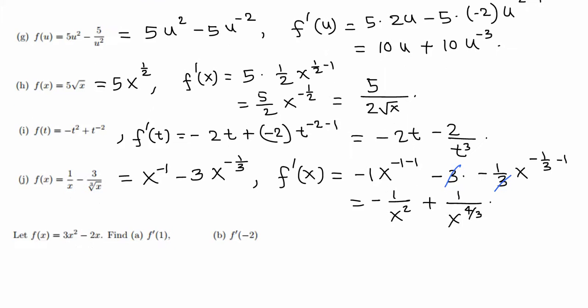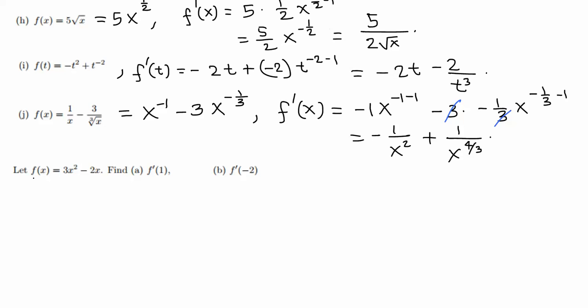And finally, we have a function f(x). We need to find f prime of 1. That means find the derivative first, then evaluate this derivative at x equals 1. Same thing here: find the derivative first and evaluate that derivative at negative 2.